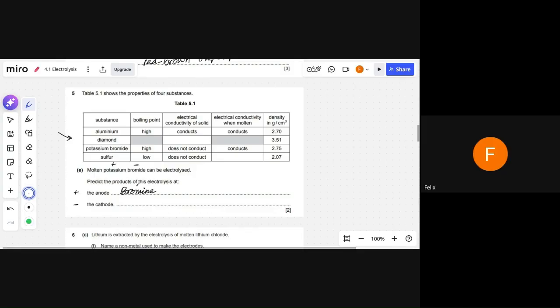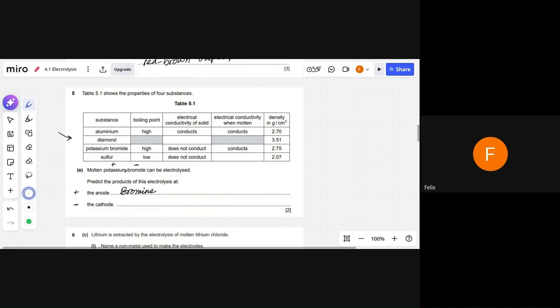So you must cross-check whether the question is asking about the product or the observation. Students who are in a hurry and do not attempt their paper carefully may sometimes write the opposite. The question might be asking about the product, and they may write the observation, so they will get 0.